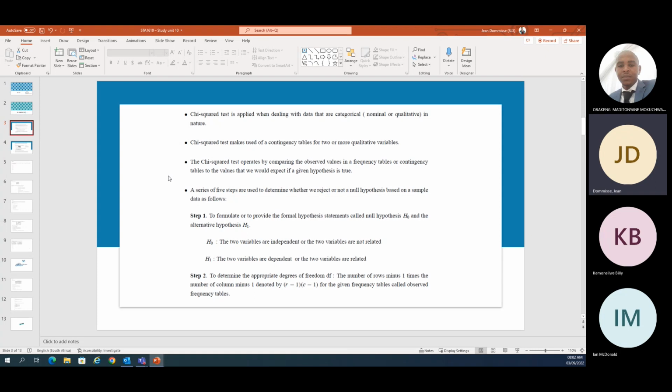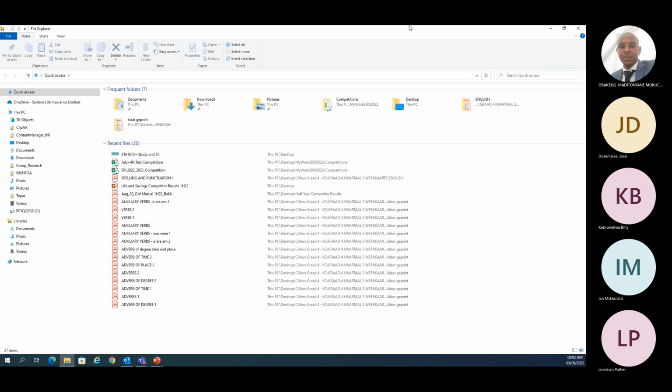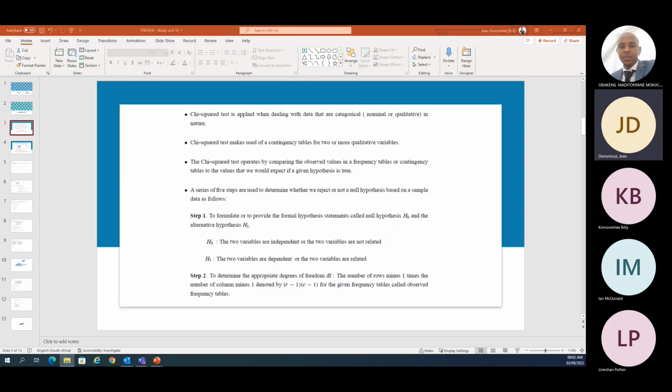In your study guide, there's this nice block. So let me actually open it up and quickly show it for you. I'll even copy it in. That nearly summarizes very nicely what you need to know about this study unit.